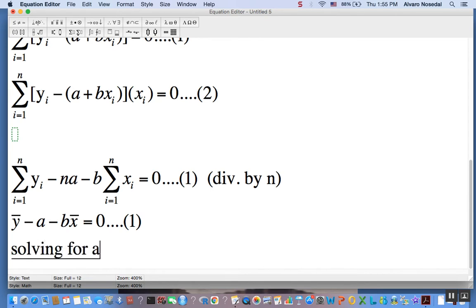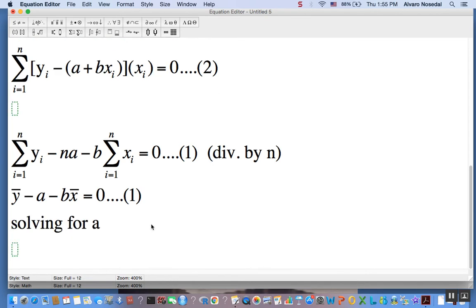Solving for a, what we end up having here is a equals y bar minus b times x bar, right? So that would be our new equation 1, okay?